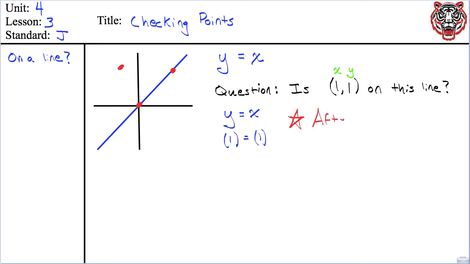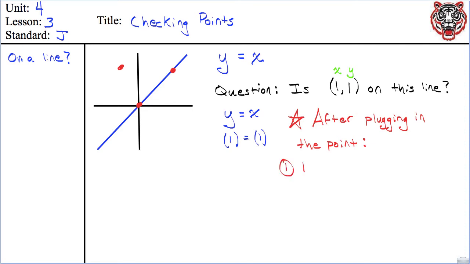After plugging in the point, one of two things can happen. Here they are.